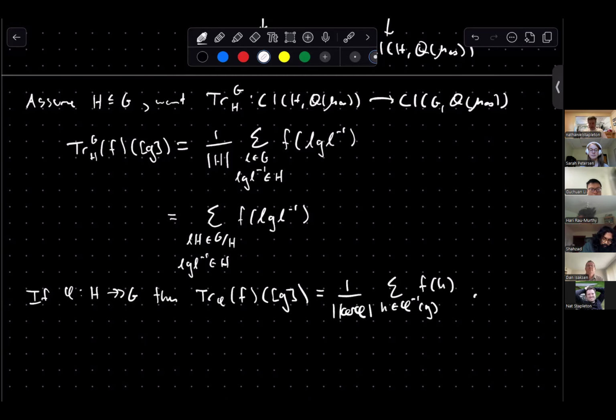And I'm not summing over the size of the conjugacy classes in phi inverse of square brackets g. I'm really summing over all of the elements in the fiber over little g.